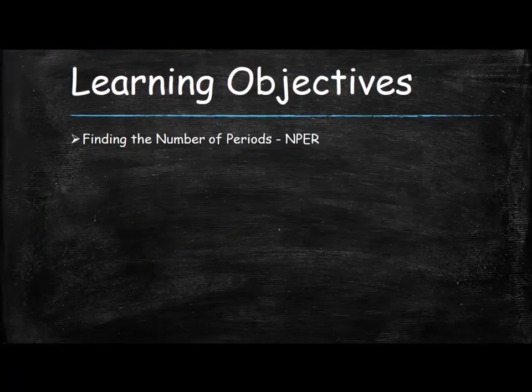So we looked at finding the number of periods. In the one case, we looked at a loan: how long was it going to take us to pay off this loan since we weren't going to be able to make the actual payment that was required to complete the loan on schedule? In the second scenario, we're trying to save up for a future goal, and suddenly the amount of payment that we can put away has changed.